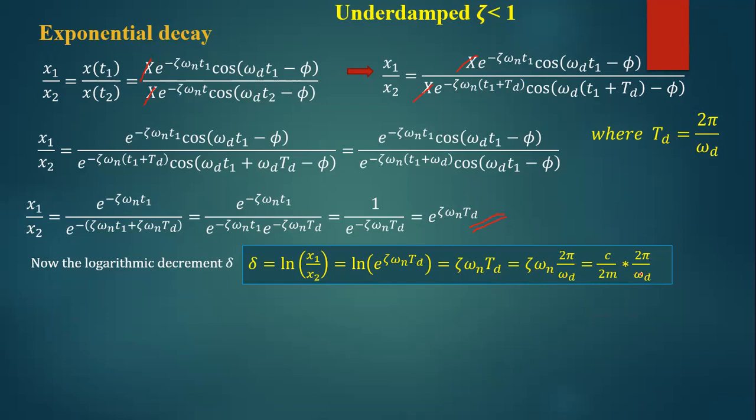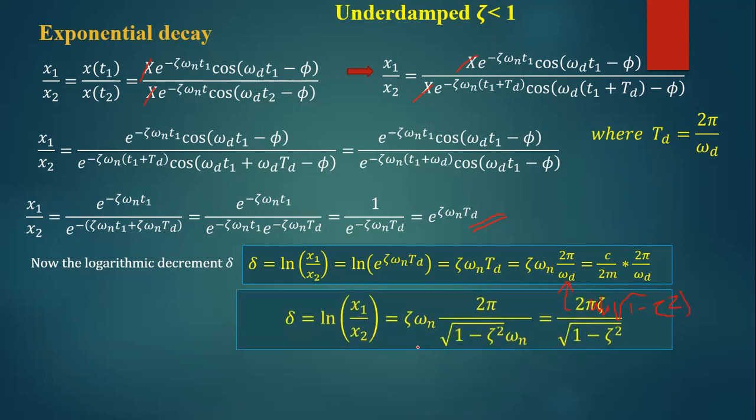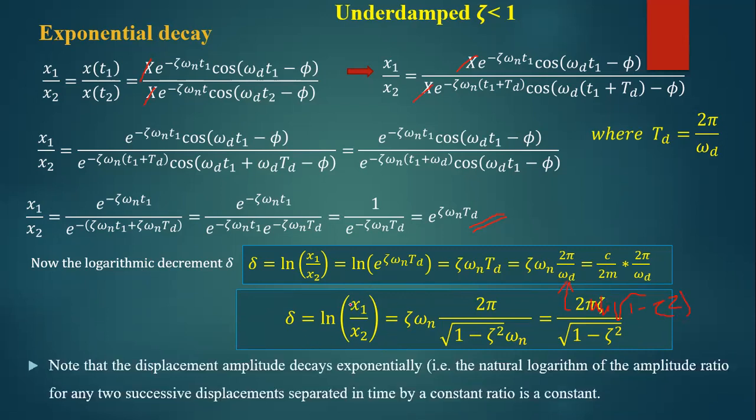Using the critical damping relation and other terms, one can also represent this in terms of omega_n, that is omega_d equals omega_n radical of 1 minus zeta squared. So we can represent it like this. This is the logarithmic decrement of the amplitude. So our delta is equal to 2 pi zeta over radical 1 minus zeta squared. This is what we derived.